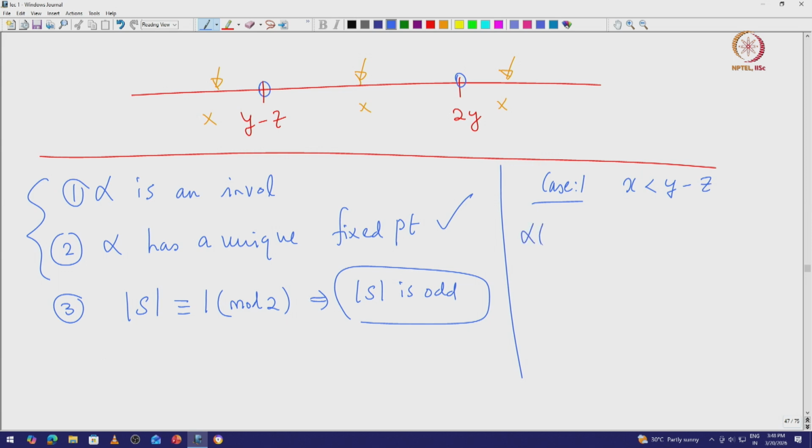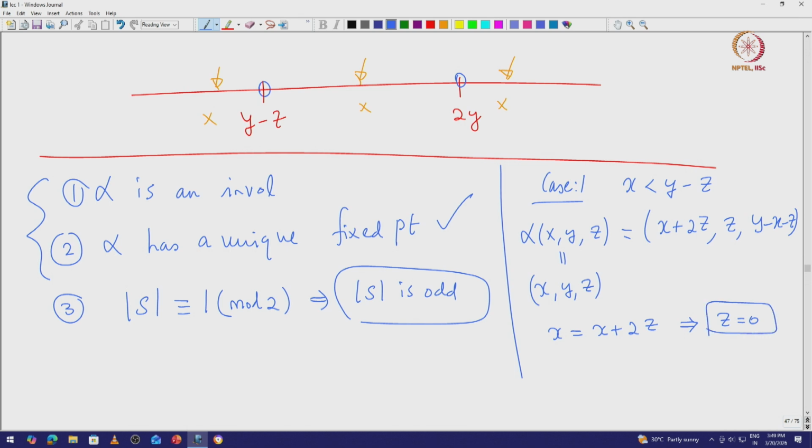So, recall alpha of x y z is defined to be x plus 2z comma z comma y minus x minus z, and suppose this is a fixed point, then this is going to be equal to x comma y comma z. So, that means we have the following equation: x equals x plus 2z, and this would immediately tell you that z is 0.